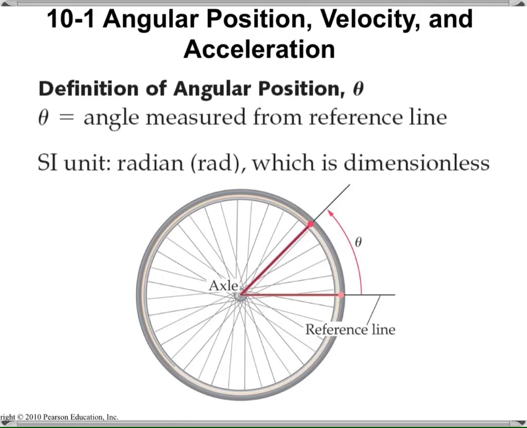Okay? So by measuring these angles of the points on a rotating object, we can in some sense measure their position, and this kind of position is called angular position. Make this difference with the linear position.